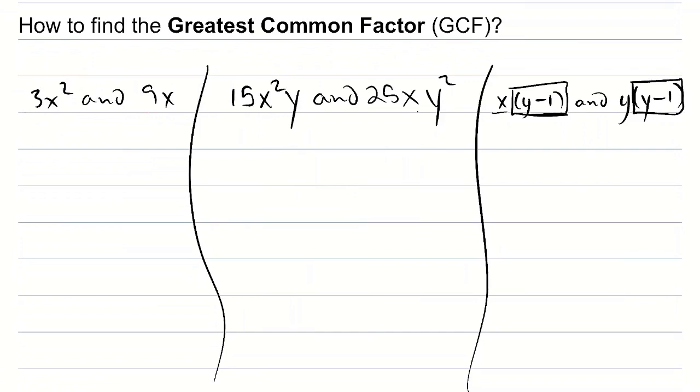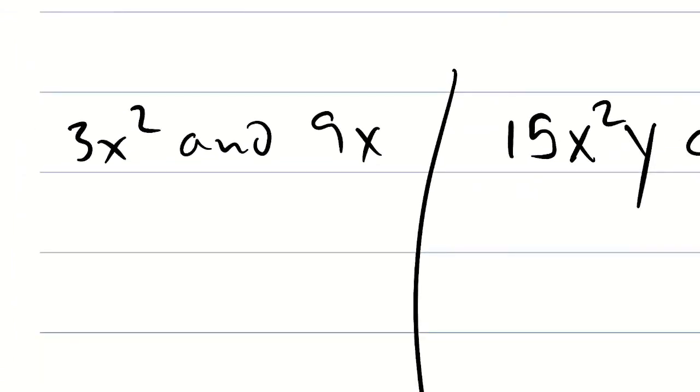So the factors of 3 are 3 and 1. Every single number has a factor of 1, so we don't include it whenever we're trying to find the greatest common factor. So we only divide 3 by 3 because you get a whole number, you don't get a fraction.